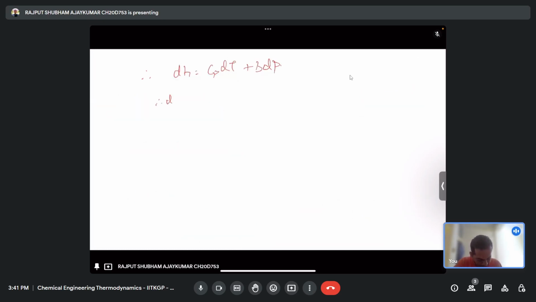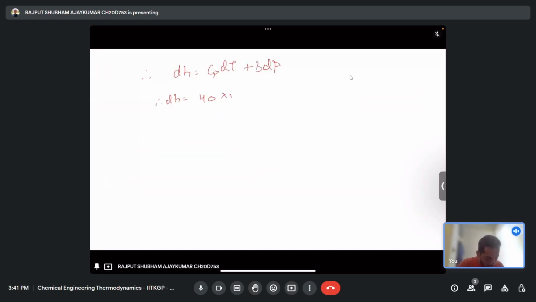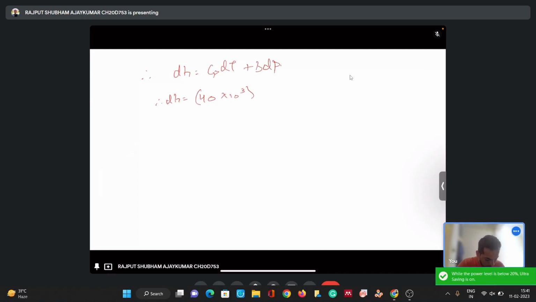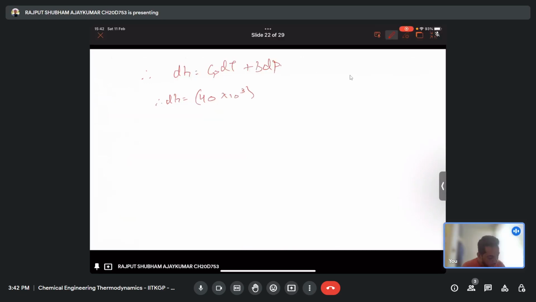So change in enthalpy, Cp is given to us as 40 kilojoule, so I will convert into joule, that is 10⁻³, into dT. Temperature is given to us as T1 is 300, T2 is 400. So what I'll do is, okay, I will let it be, I'll not convert. What I'll do is 40, what is T2? 400 minus 300. dT is T2 minus T1.